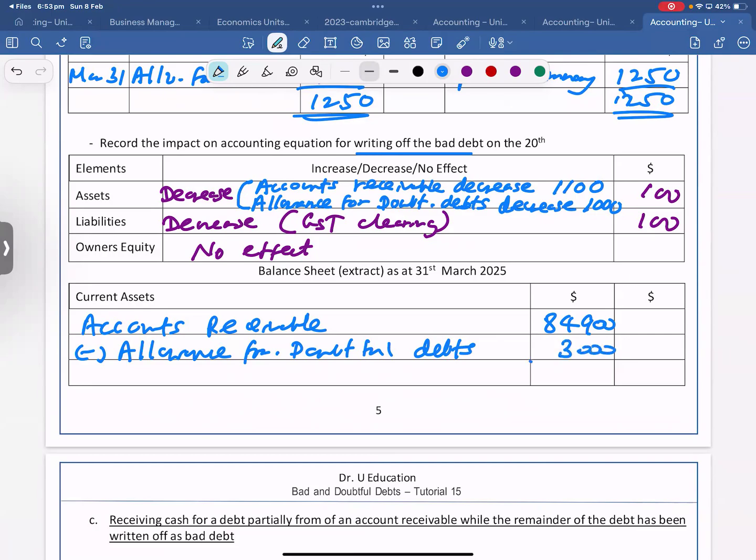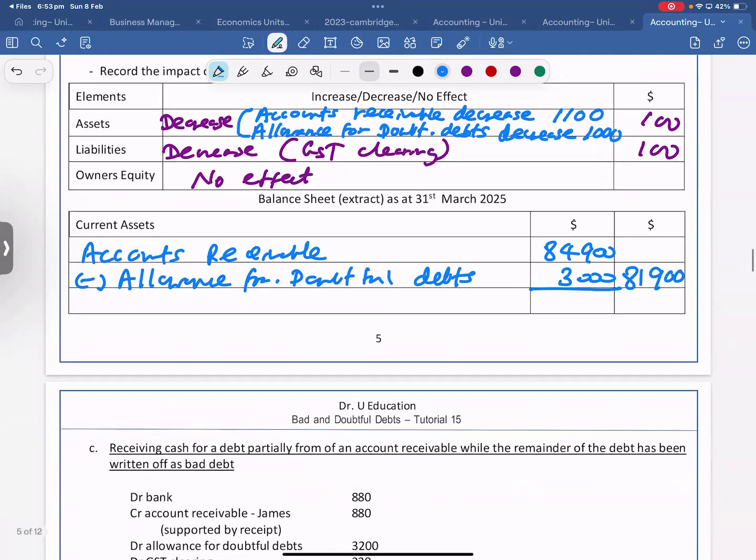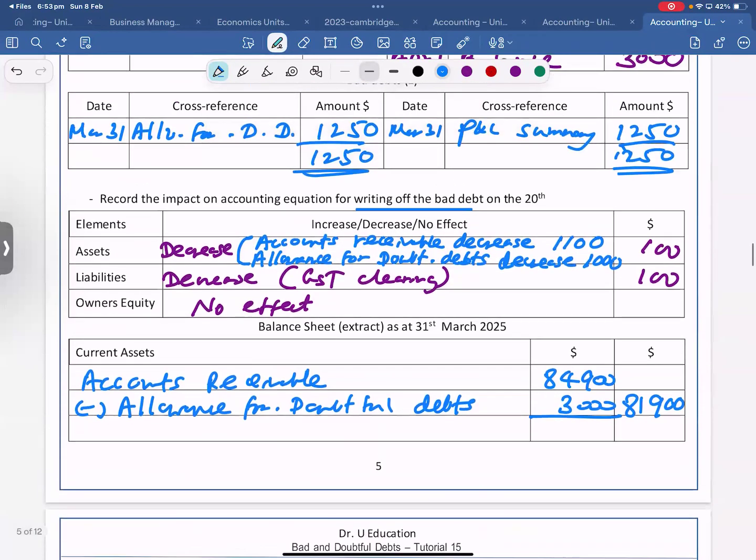So 81. Brackets in the balance sheet? No, you don't use the brackets in the income statement or balance sheet. Cash flow? Yes, you can.